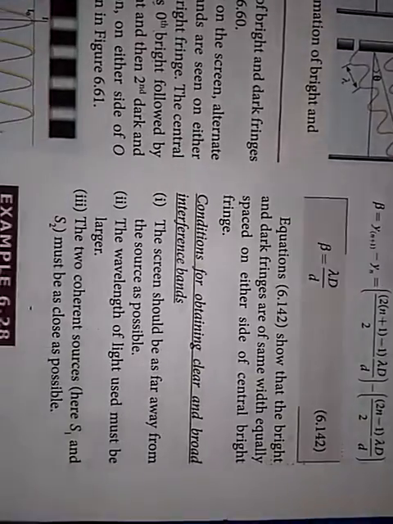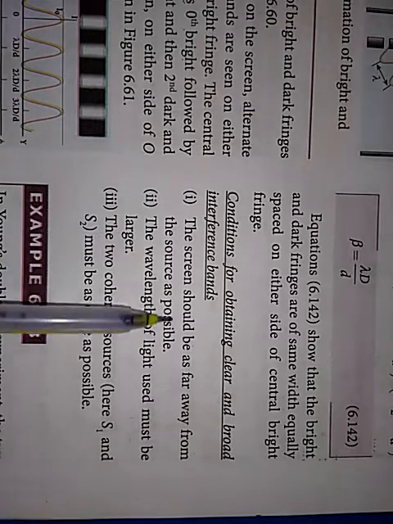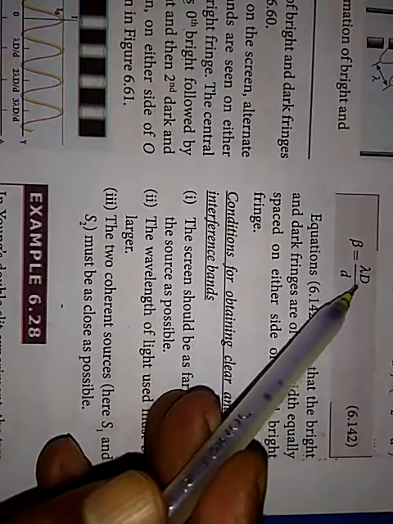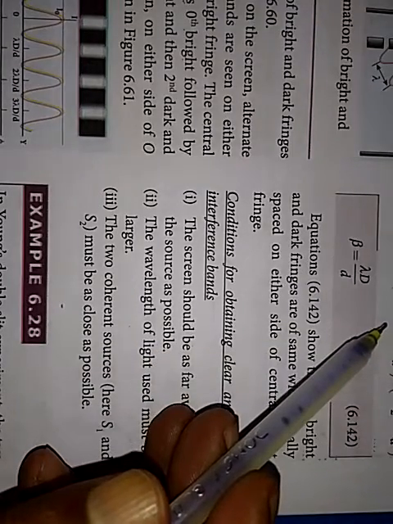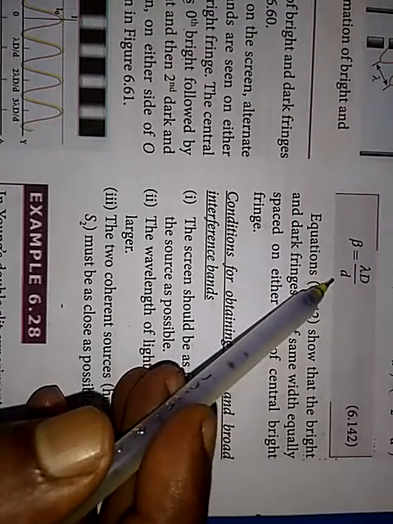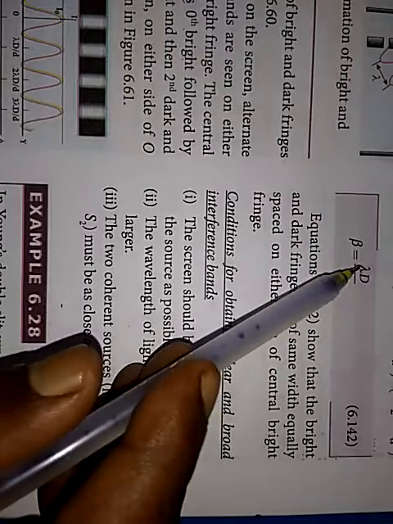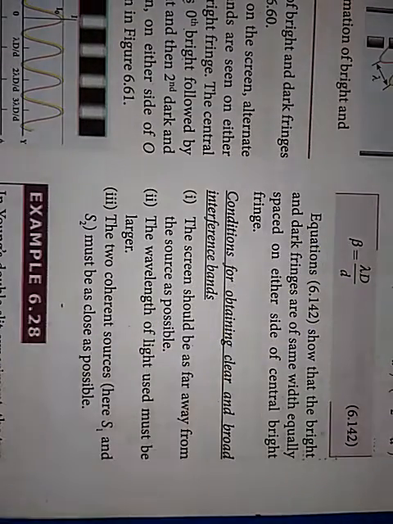Now, the conditions for obtaining clear and broad interference bands. The screen should be as far away from the source as possible. If you see in the formula, when D increases, beta also increases. When small d decreases, beta increases. And third, if the wavelength increases, then beta increases.